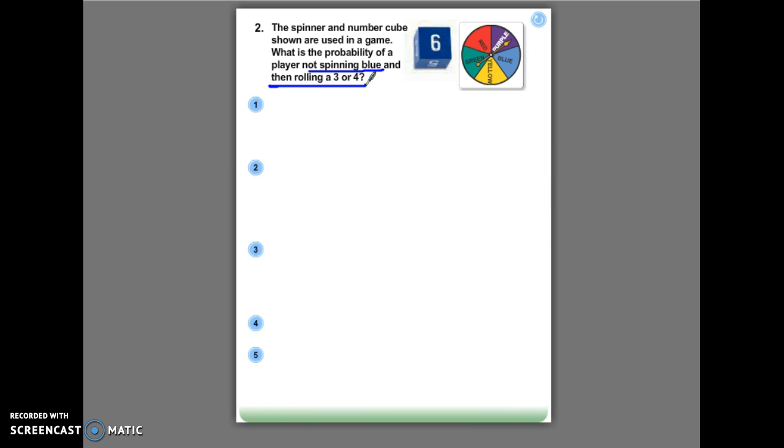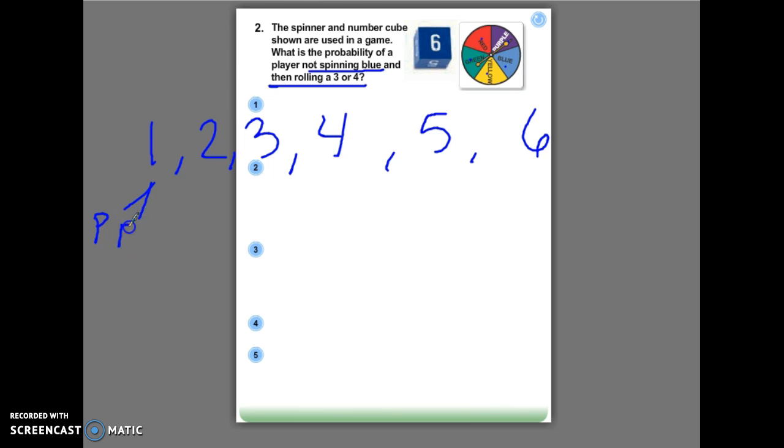So my options are 1, 2, 3, 4, 5, and 6 on my dice. And then for each of those numbers, I have the option of spinning a purple, blue, yellow, green, red. I could write those all out for 2, 3, 4, 5, and 6, but you can see that I am going to have 5 in each.